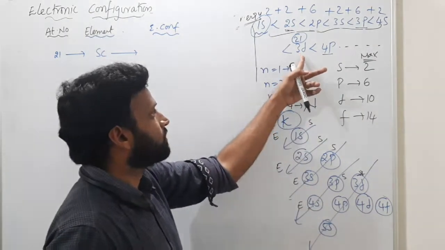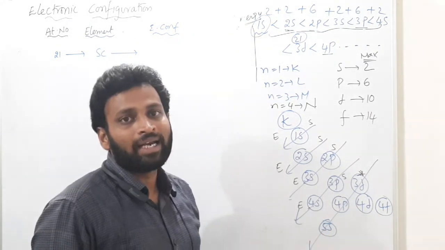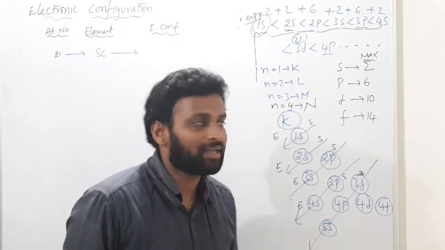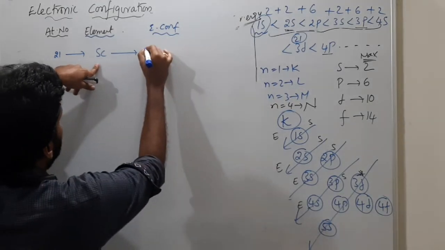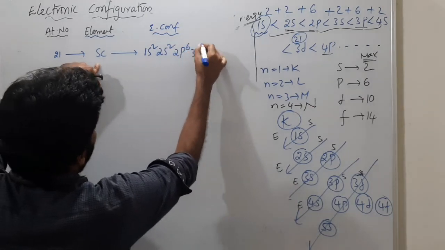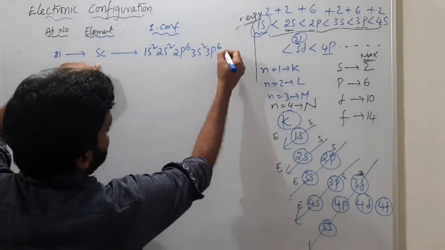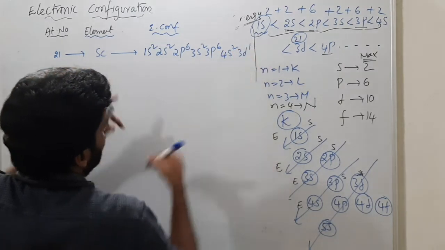Does that last electron enter 3d? So the differentiating electron enters 3d for scandium. Scandium's configuration is 1s2, 2s2, 2p6, 3s2, 3p6, 4s2 and 3d1.